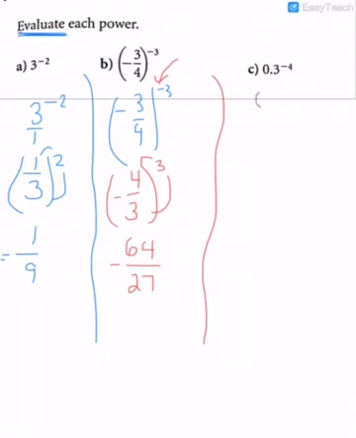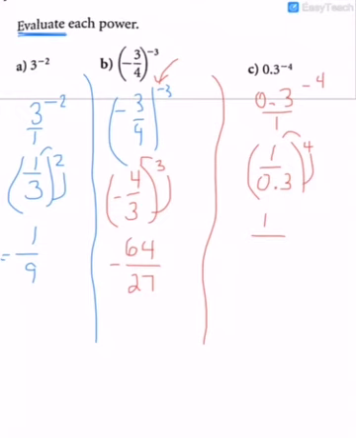Let's try another one. Here we have 0.3 to the exponent -4. So again, this would be like 0.3/1. To get rid of the negative exponent, I flip the fraction. So it'd be 1 over 0.3 to the power of 4. Then we're going to apply the power of 4 to both the top and the bottom.